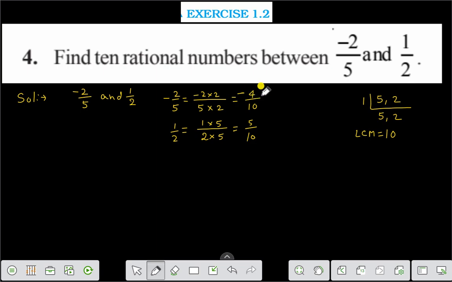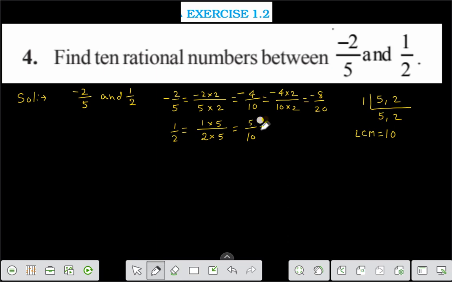Therefore, you have to multiply numerator and denominator by 2 again, that is minus 4 into 2 and 10 into 2, to get more rational numbers like 10. Then you are getting minus 8 by 20.